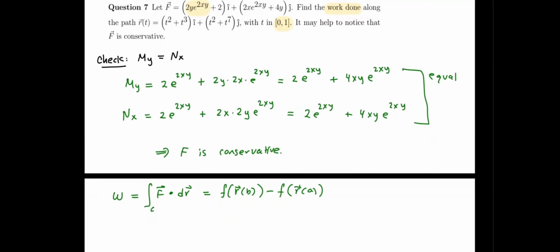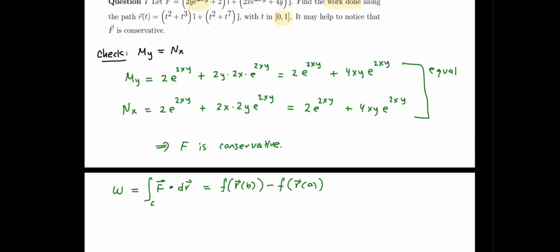Let me make this a little bit smaller so you can see. I need to find the starting point of the curve, which we call r of a. That would be r at 0 because we're given the interval from 0 to 1. Here you plug in these points.